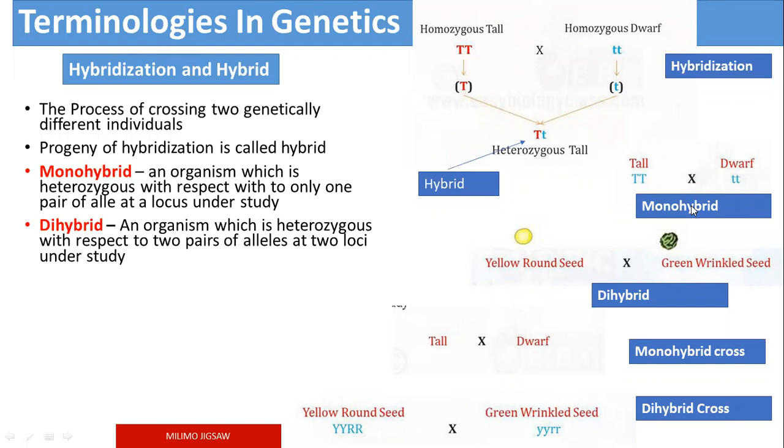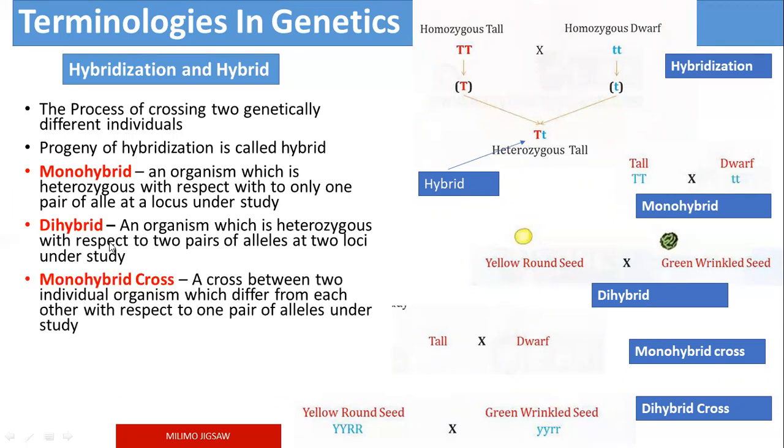For example, you can be investigating the color of the seed and the shape of the seed. The seed could be a yellow round seed, or it could be a green wrinkled seed. So you are dealing with two properties, the shape and also the color of the seed. This is known as a dihybrid.